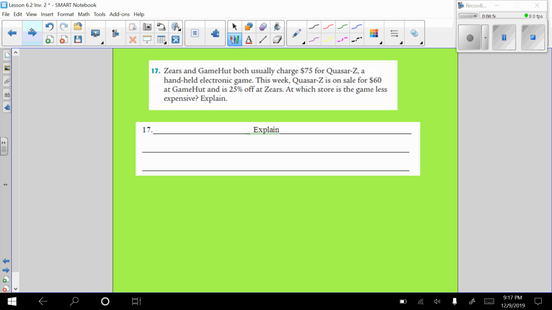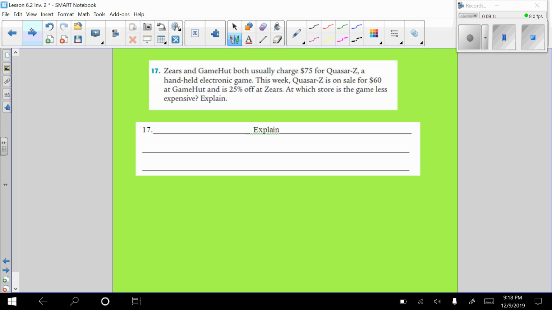The last one is Zehrs and Game Hunt. Both are usually charged $75 for Zorscue, a handheld electronic game. This week, it's on sale for $60 at Game Hunt and 25% off at Zehrs. Which store should you buy it at? Well, you're going to have to figure out the price for both. At one place it's $60, that's the sale.